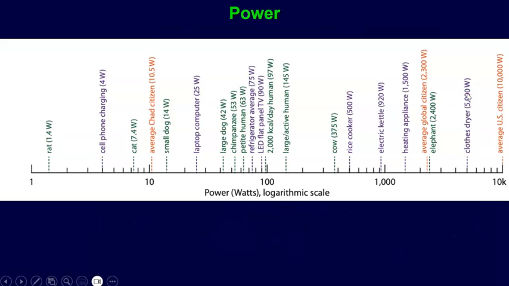And if you look at this chart we looked at yesterday or last time, here would be that output. So for the 2,000 kilocalories a day, 97 watts. Now for a larger human or someone that's maybe doing more, you can go up to like 145 watts. But again, we can put it in reference of how much energy we use versus a flat panel TV or something like that. All right, thanks.